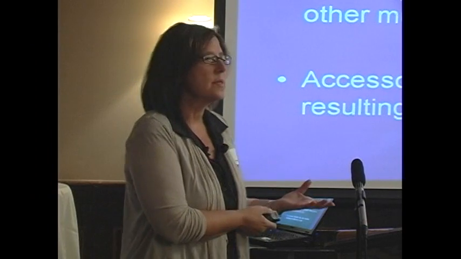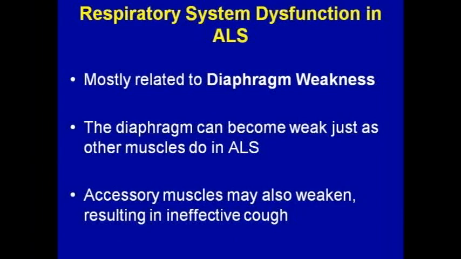So what happens if the respiratory muscles are weak? That is what happens in people with respiratory muscle weakness in ALS or other conditions. The things that happen are mostly related to diaphragm weakness, but we can have problems related to other muscle weakness as well.